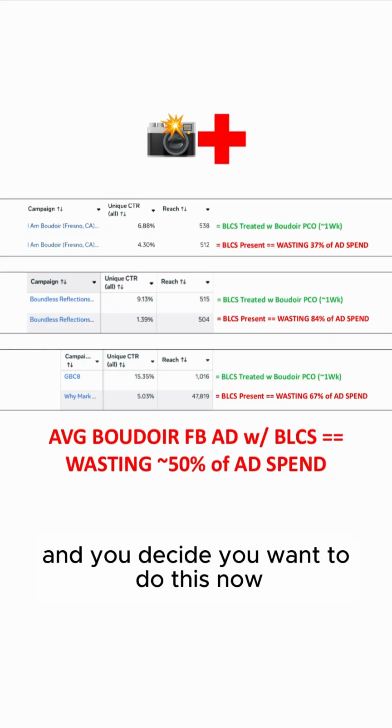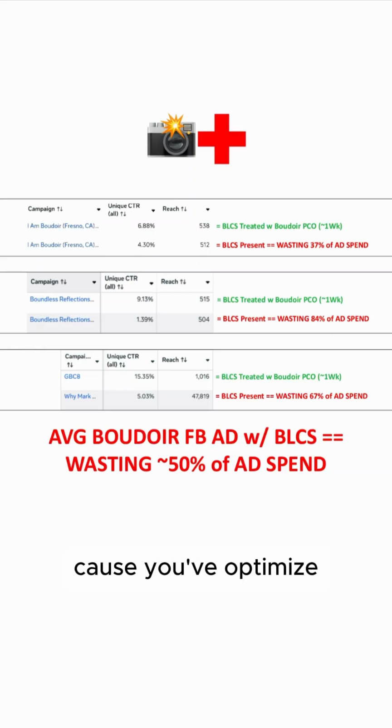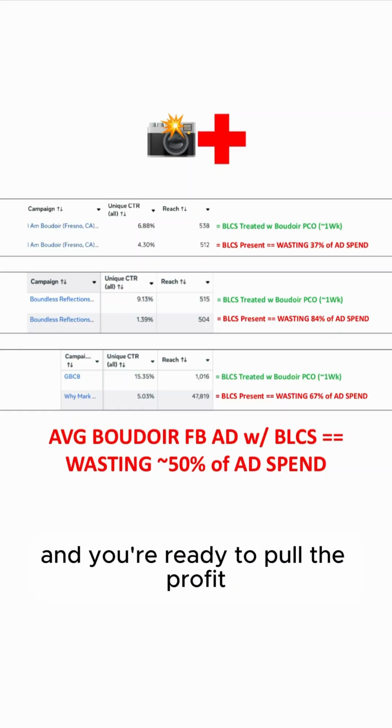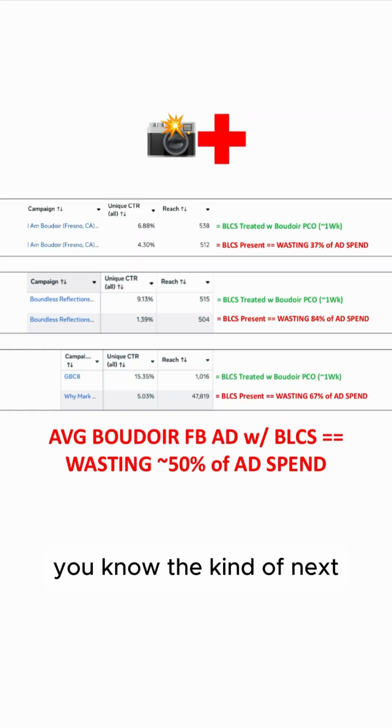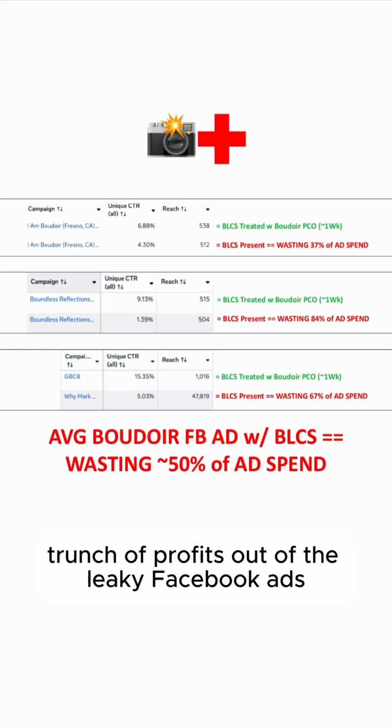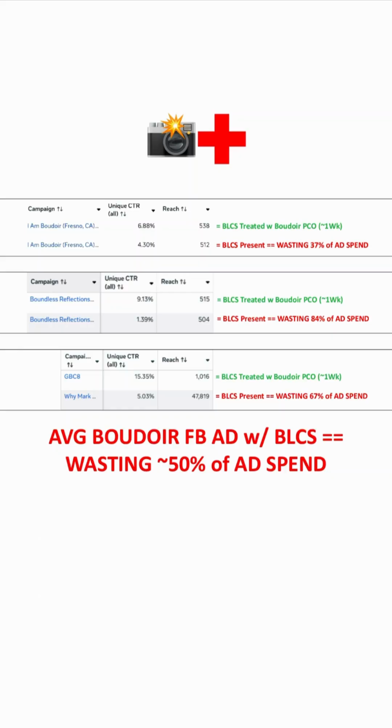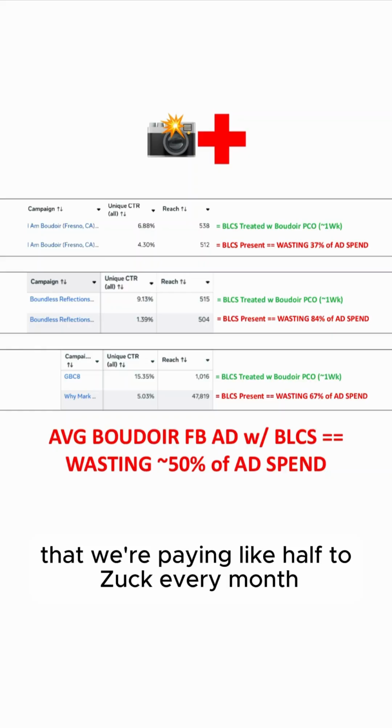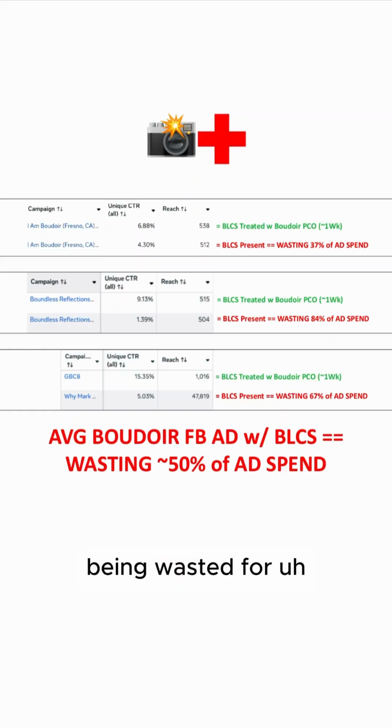And you decide you want to do this now because you've optimized other parts of your business and you're ready to pull the next tranche of profits out of the leaky Facebook ads that we're paying like half to Zuck every month, being wasted for no reason.